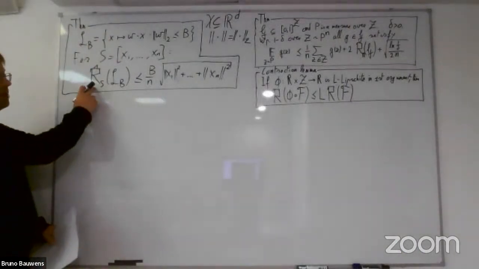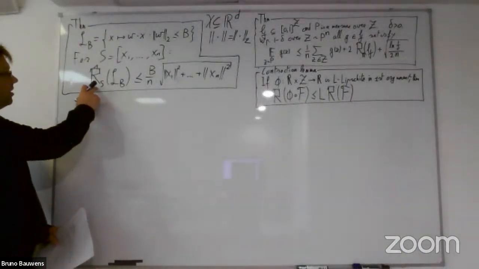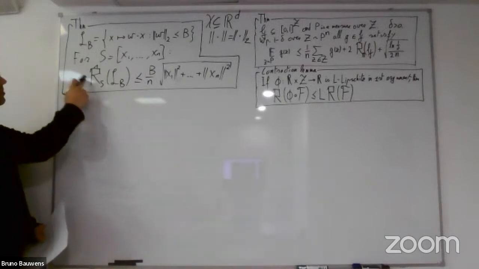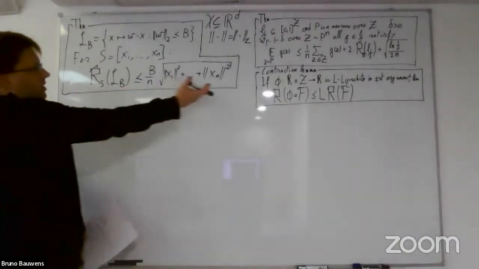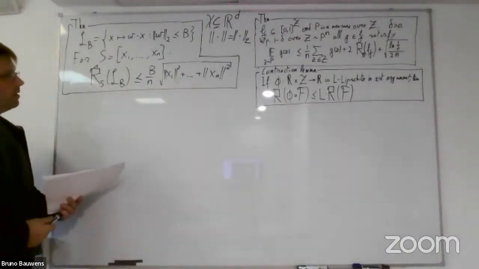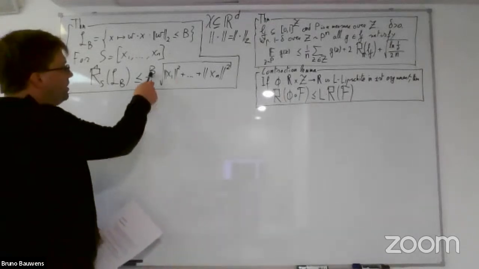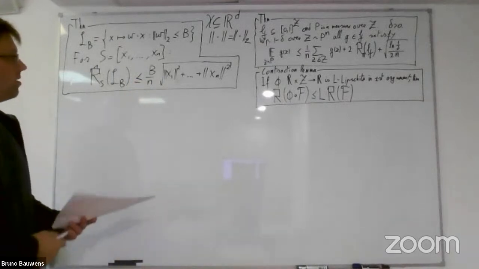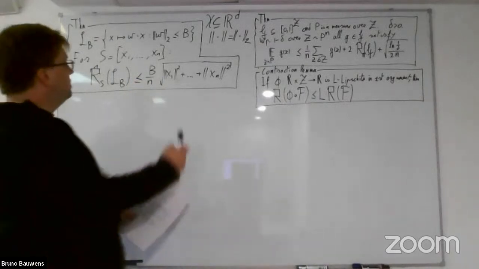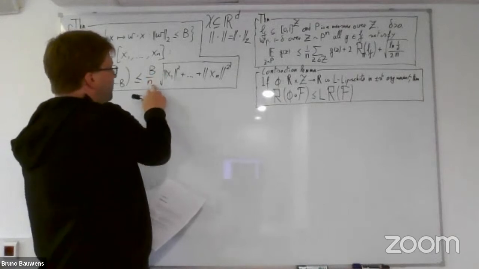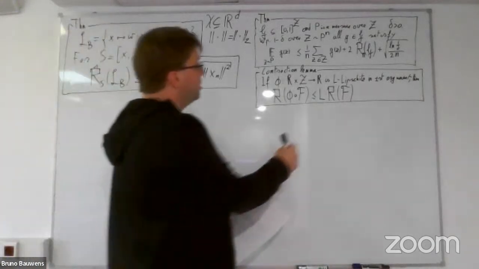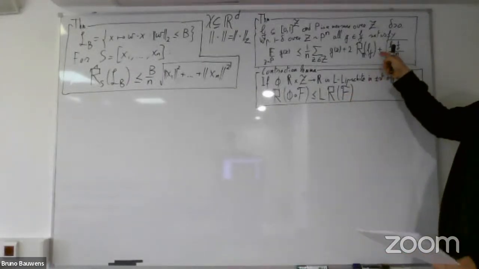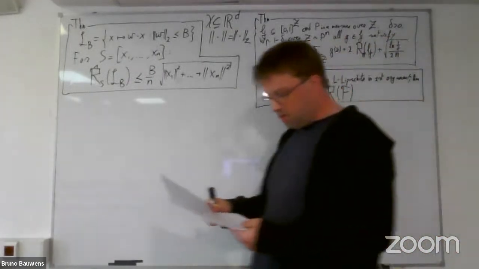The corollary is that the true Rademacher complexity, which is just the expected value over S, also satisfies this bound. So the bound will be B times the maximal input norm divided by the square root of n. This thing, B times R divided by the square root of n, where R is the input norm, will be substituted here and will eventually appear here. Okay. So this is the plan.